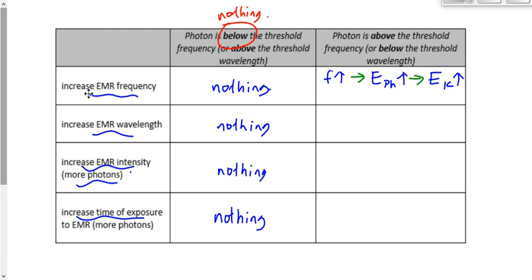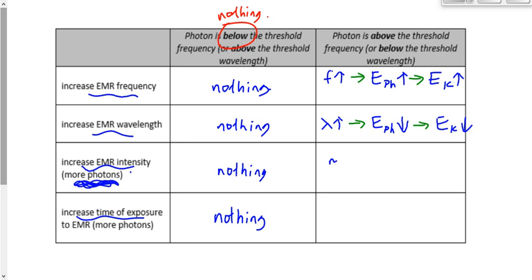Increase the wavelength. Well, increasing the wavelength is decreasing the frequency. So that's going to give me a lower photon energy, which is going to give me a lower kinetic energy of the ejected electron. Now we're still assuming that we're above the threshold frequency or below the threshold wavelength. Increase the intensity, the number of photons, when we're above the threshold frequency.